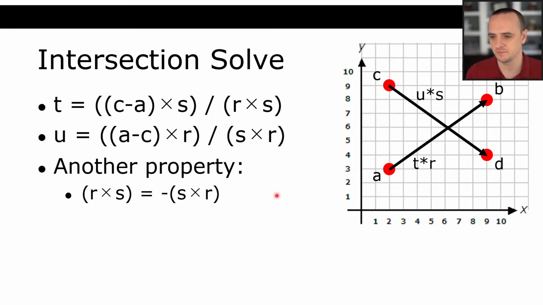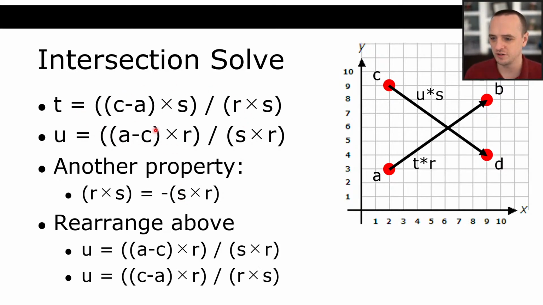Here's another property, is that r × s is equal to negative s × r. And the reason for that, if you go take the original formula, you'll see that that's pretty obvious, right? Because you've got a subtraction in the middle. So if you flip them, then you'd have to put the negative outside. It's pretty easy. So if r × s is equal to negative s × r, then we're going to apply a pretty cool thing to the above.